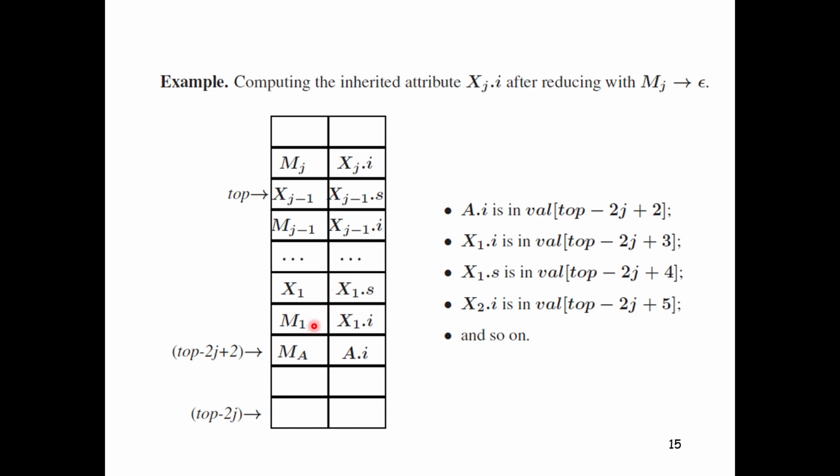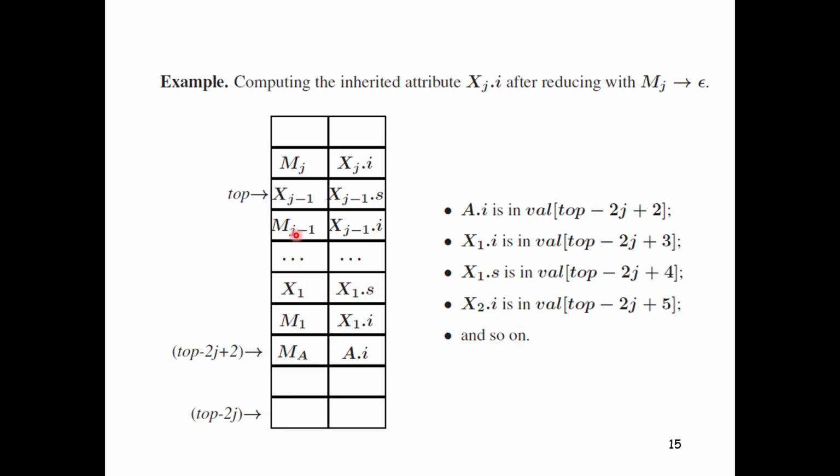Already the thing told is that A's inherited attribute is stored before x1. So corresponding to A, the inherited attribute is stored. Then comes m1 x1. So x1's inherited attribute is stored along with m1. x1's synthesized attribute is stored along with x1.